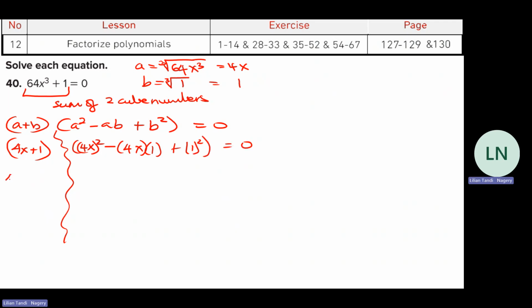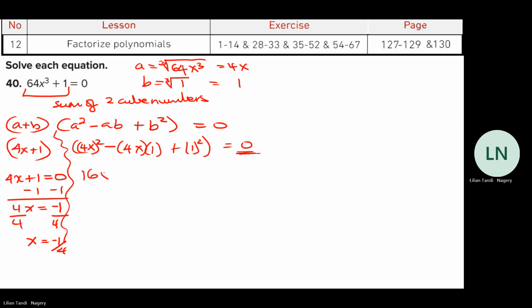Okay, so you're going to have 4x plus 1 equals 0. Minus 1, minus 1, 4x equals negative 1. Divide by 4, divide by 4, x equals negative a quarter. Then this one becomes 16x squared minus 4x plus 1.